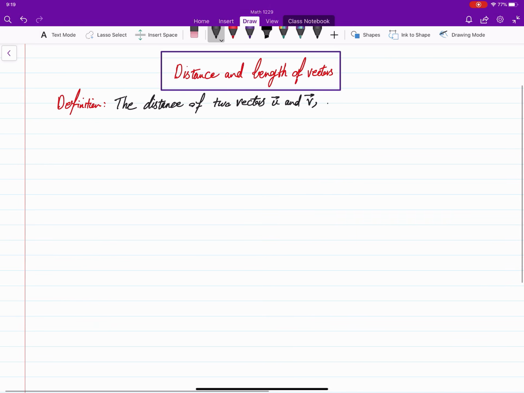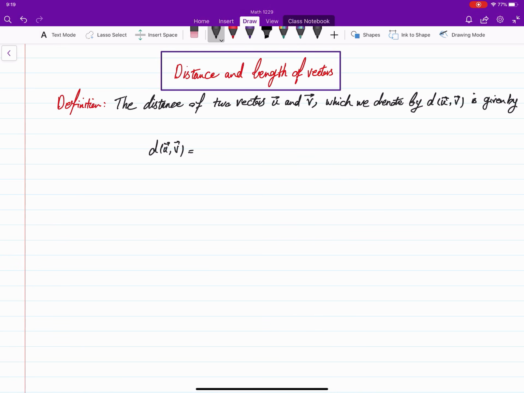We are going to denote it by d of u and v, which is given by... okay, so this is a number, d of u and v.